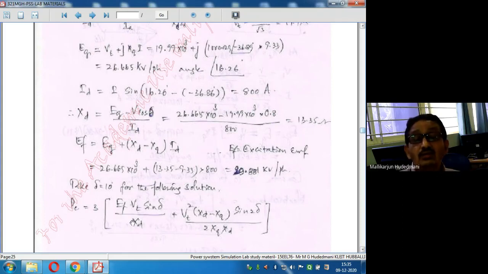Therefore, the first component of the expression is Ef, the excitation EMF, and Vt, the terminal voltage of the machine where it is pumping the power, divided by the reactance, Xd, into sine of the power angle delta, plus, similar to this, Vt into Vt, Vt square, inside the bracket the difference of reactances, Xd minus Xq, divided by 2 times Xq Xd, into sine of 2 delta.